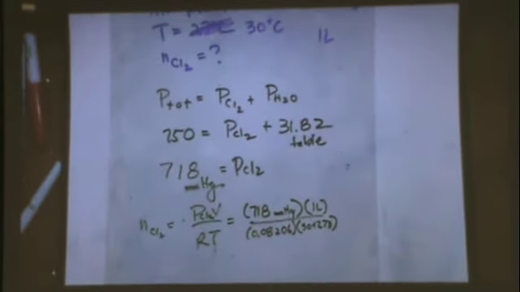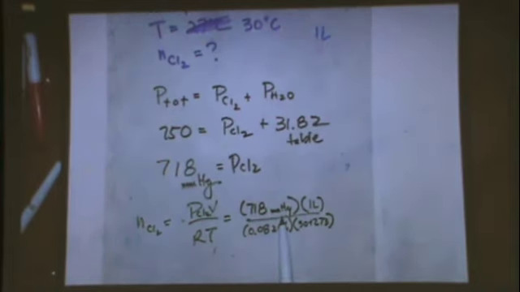Okay, there's one problem here. What's the problem? You got it, fantastic. That's a really common mistake. Millimeters of mercury do not match with the units that I did not write here on purpose, because I know you will not write them either, which are atmospheres. So I need to make that conversion.